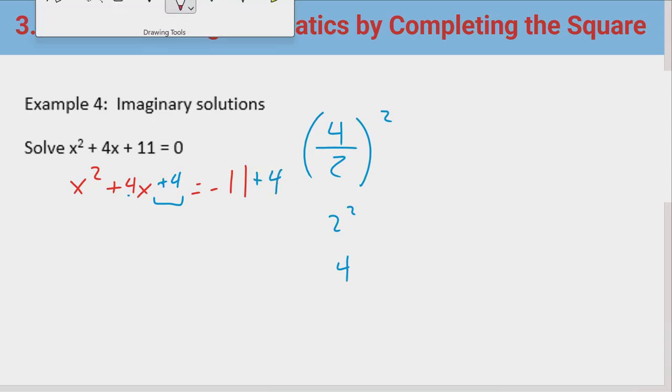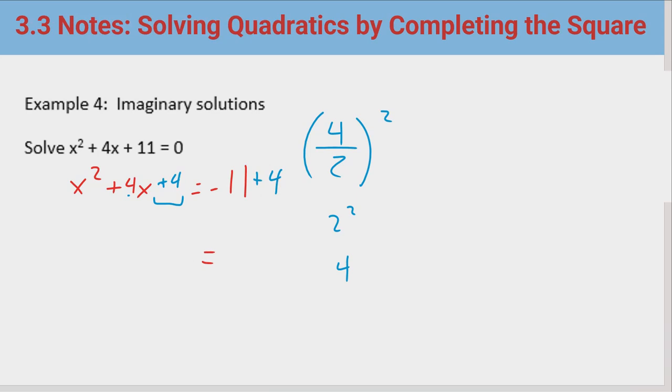So working this through, simplifying, negative 11 plus 4 is negative 7. I get x squared plus 4x plus 4. So I am now going to work to factor this using perfect square factoring. I know this is going to be x plus 2.